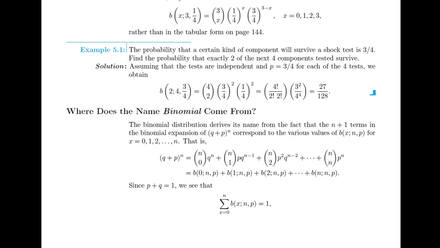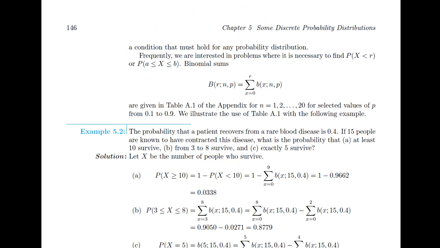That is, (q + p)^n equals n combination 0 times q^n plus n combination 1 times p times q^(n-1) plus n combination 2 times p^2 times q^(n-2) plus and so on until n combination n times p^n. Since p plus q equal 1, we see that the summation from x equal 0 until n of b(x; n, p) equals 1, a condition that must hold for any probability distribution.